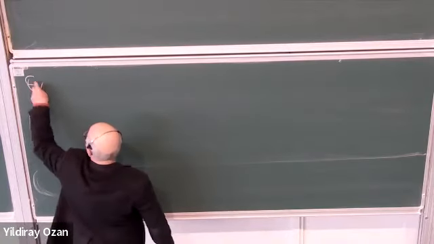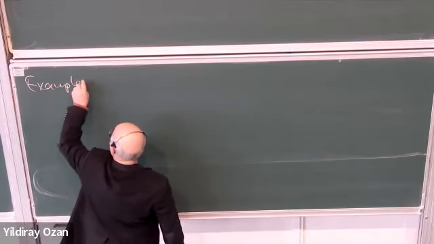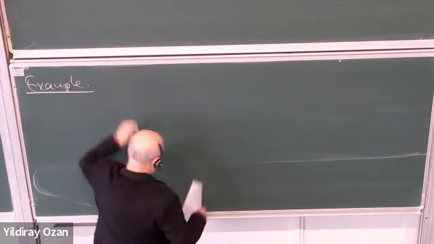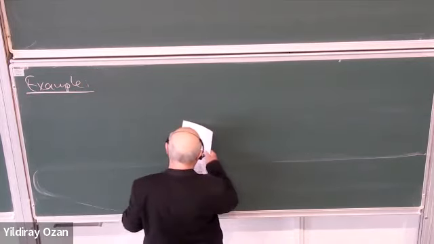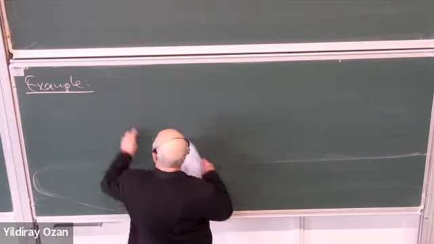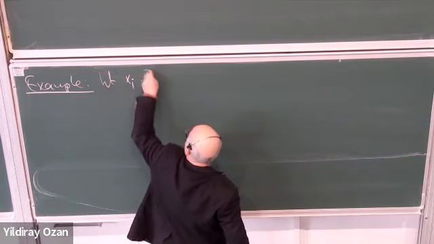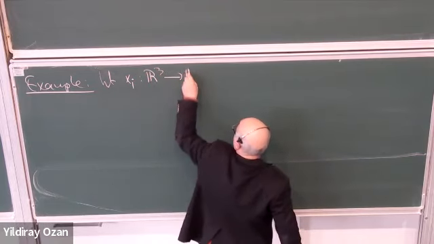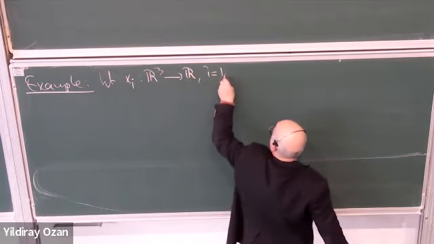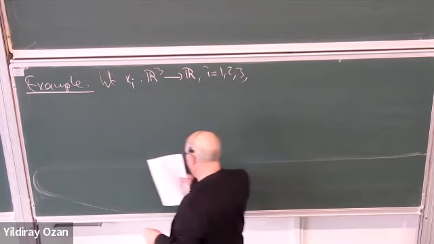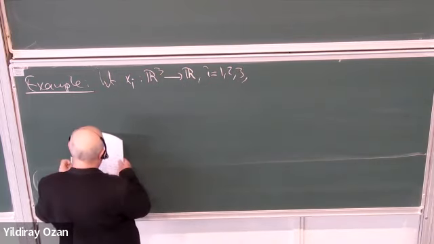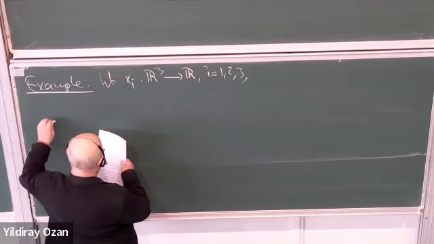Let's do some example. Let xi from R3 to R, i from 1 up to 3, be the coordinate functions.